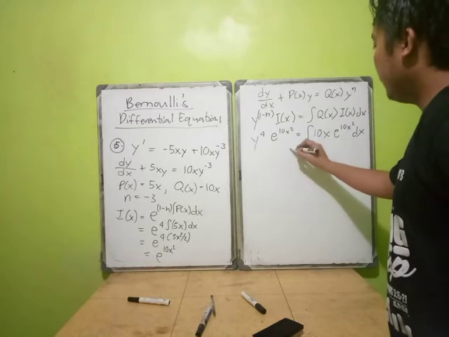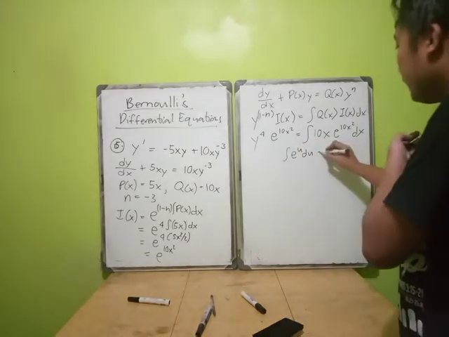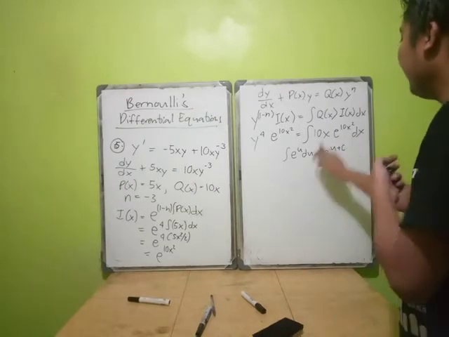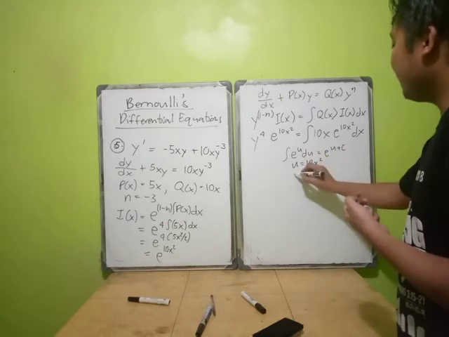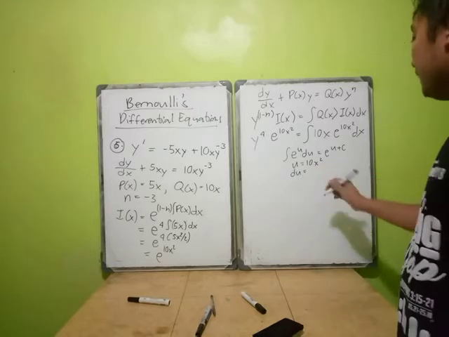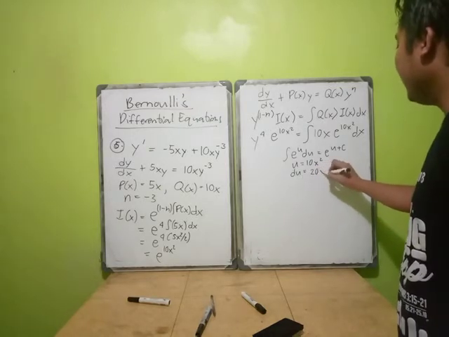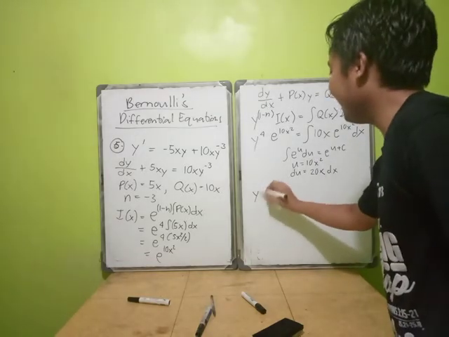Okay. So, alam naman natin integral of e to the u du is equal to e to the u plus c. Okay. Yung u dito na sitwasyon is 10x squared. So, pag dinifferentiate mo si u, magiging du is 20x dx. 10x lang nandito. Okay?